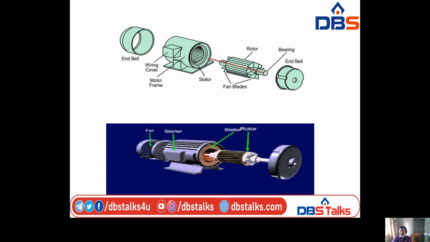This is one end bell and this is the other end bell. In this manner we combine all these parts to form the three-phase induction motor, which may be utilized for industrial purposes. Look at the picture clearly.